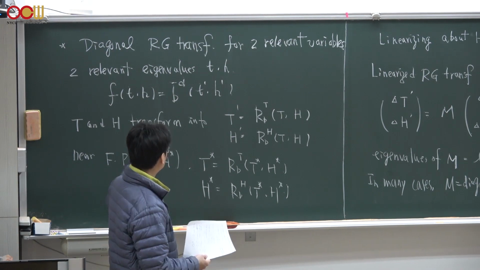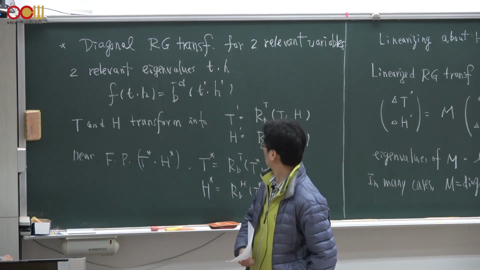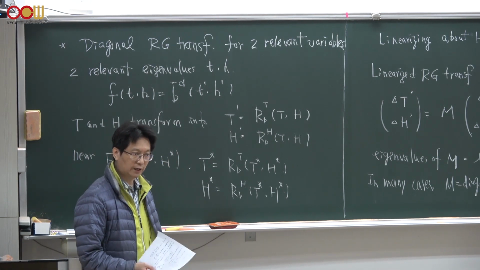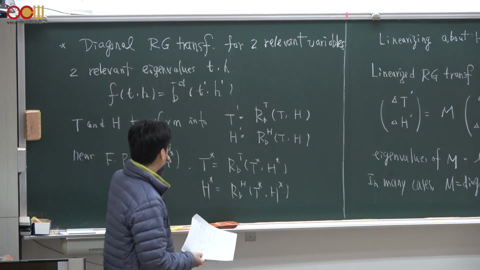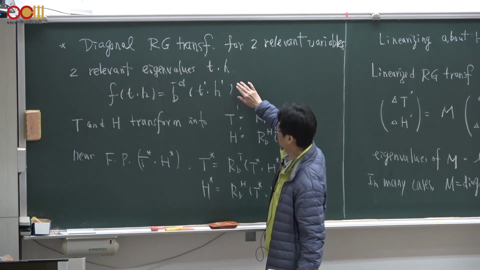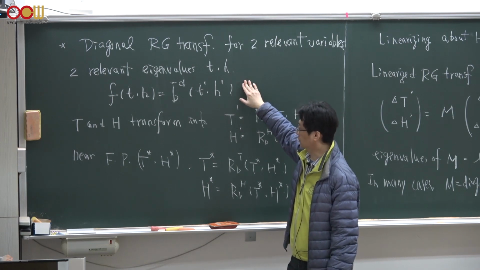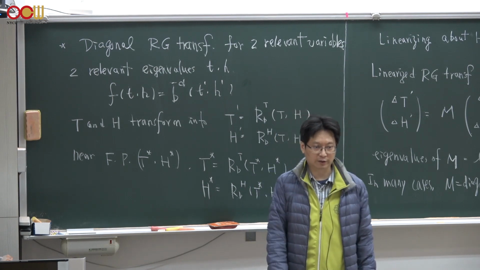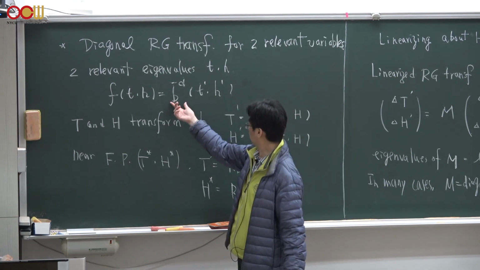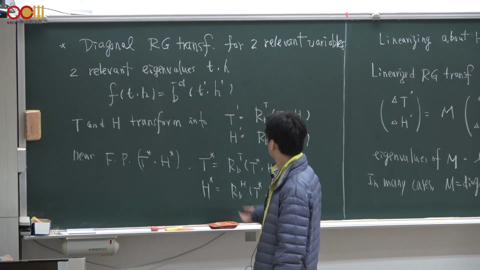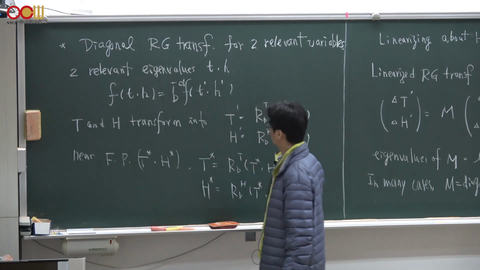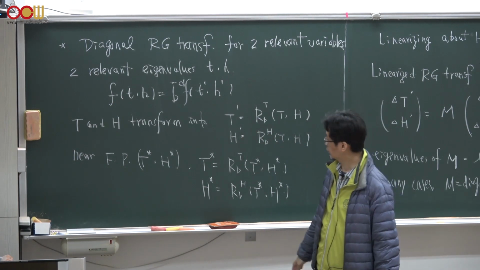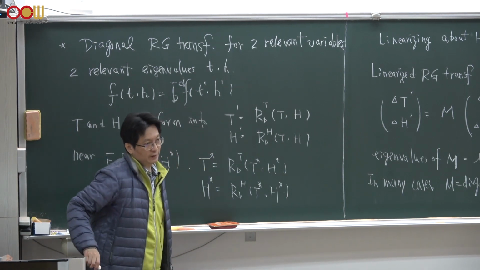And today we will continue looking at this RG transformation for 2 relevant variables, in particular for the matrix M being diagonal. So let's start by writing down the free energy density as a function of the scale factor b before and after this coarse graining procedure, and there's a b to the power minus d factor in front of this transformed free energy as a function of t prime and h prime, where t prime and h prime are the transformed reduced temperature and reduced magnetic field.